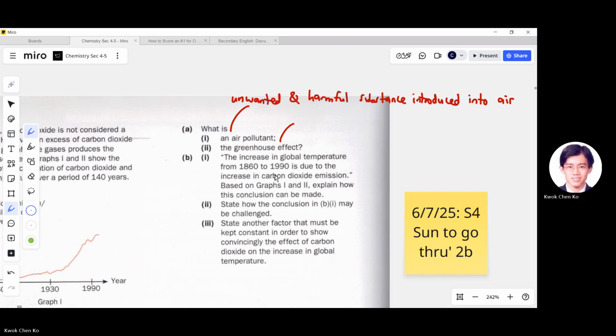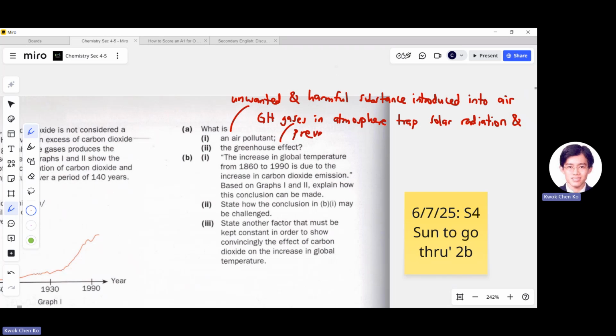Greenhouse effect, Sabrina? Okay, greenhouse effect: basically, greenhouse gases in the atmosphere trap solar radiation and prevent it from escaping.